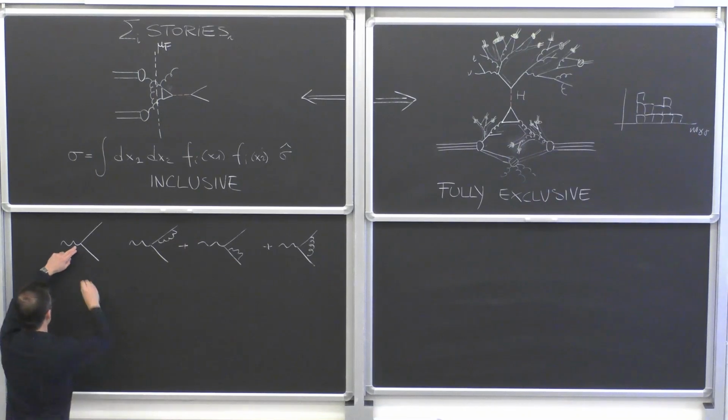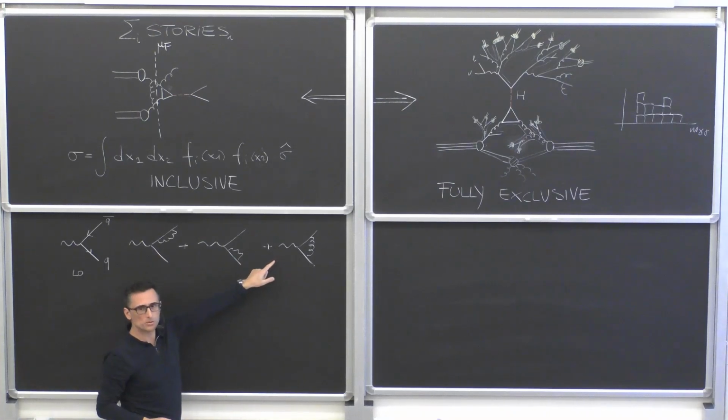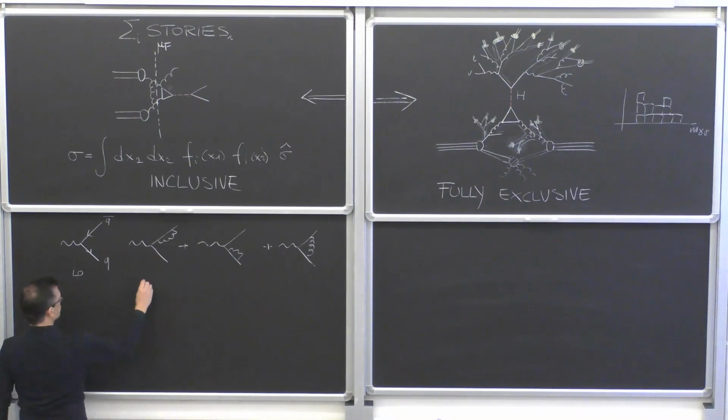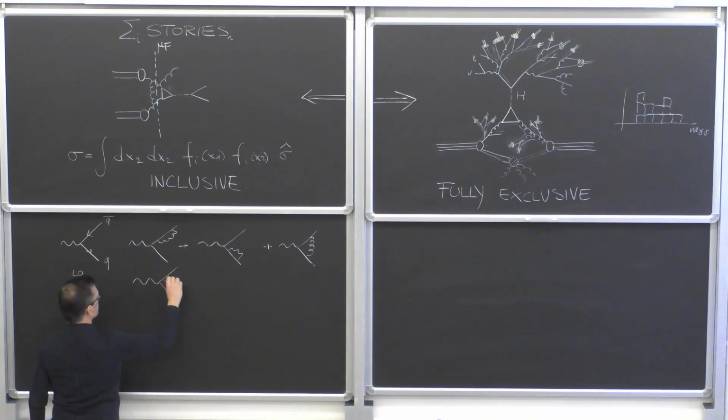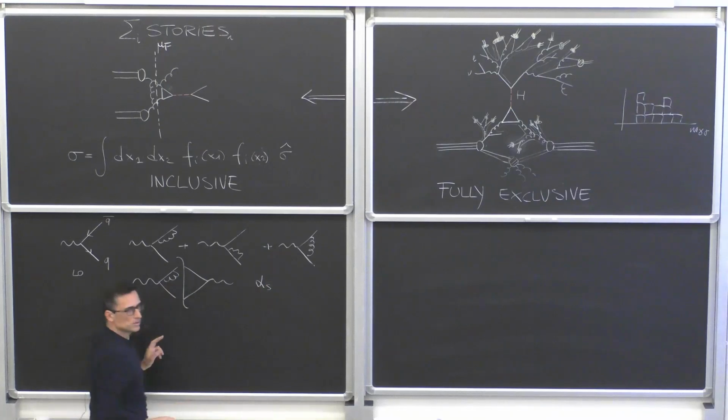So there is a leading order, a Born contribution, right? A quark and an anti-quark. And then at next-to-leading order, I have virtual corrections with a gluon, which are interfered with the Born. When I square them in this way, the order of this diagram is alpha s at the end.